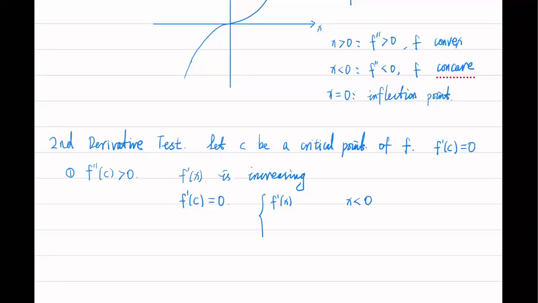Positive, negative, or 0? Increasing function, at some point it's 0. Now what happened over there? It will be less than 0. Less than c, less than 0. What can we say about the derivative if x is bigger than c? Then since it is increasing and is 0 at c, it will be positive.